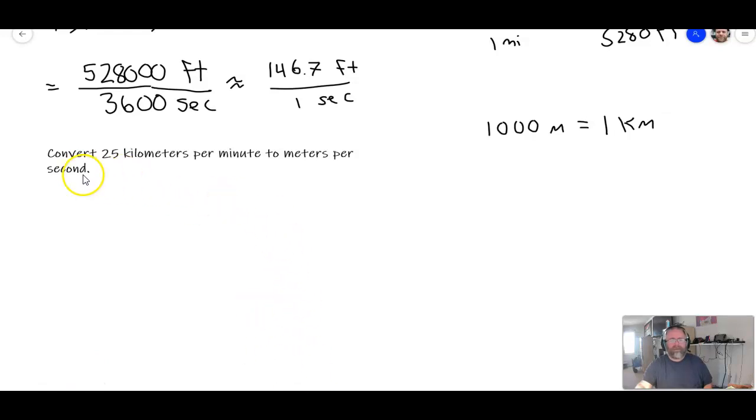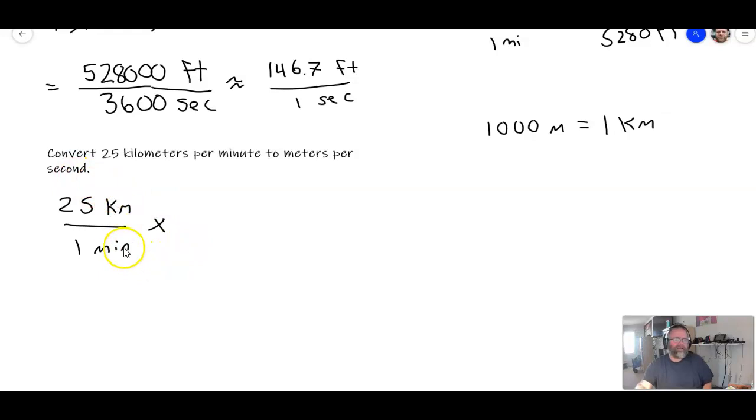Okay, so like we said before, we want to start with our known quantity, which is the 25 kilometers per 1 minute. So it's going to look like this here, 25 kilometers per 1 minute. And now we can either convert the kilometers to meters, or I can convert the minutes to seconds.